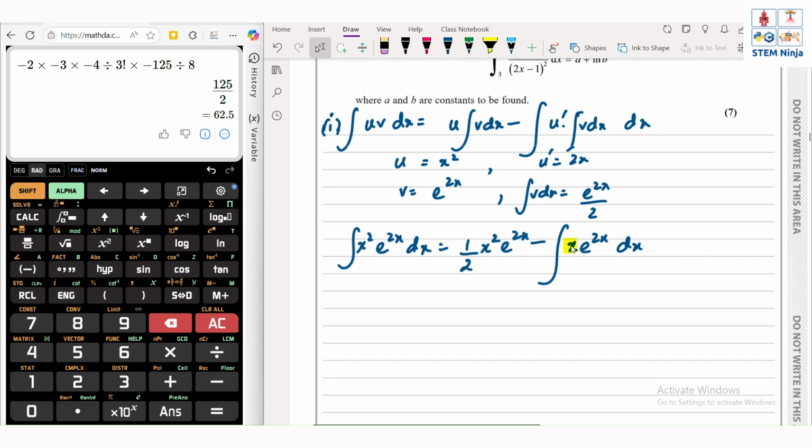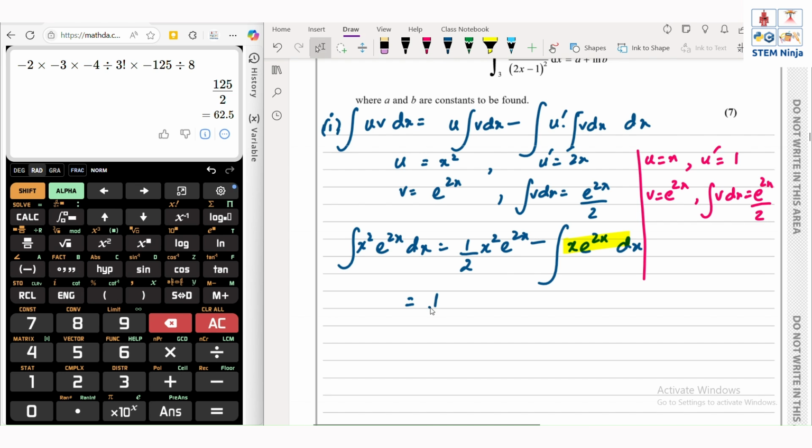Now, this will require another step. We will do the same thing. So u is equal to x, u prime is equal to 1. v is equal to e raised to power 2x. So integral v dx would be e raised to power 2x over 2.